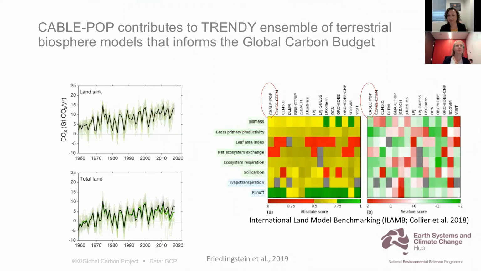Yes, I don't know if you can see my slides there, but the top left shows the evolution of the land sink. So at the moment, yes, it's increasing. What it really means is that natural ecosystems are providing an incredible ecosystem service to us by taking up this carbon, and that we really need to be protecting them and mindful that they're slowing the pace of climate change.